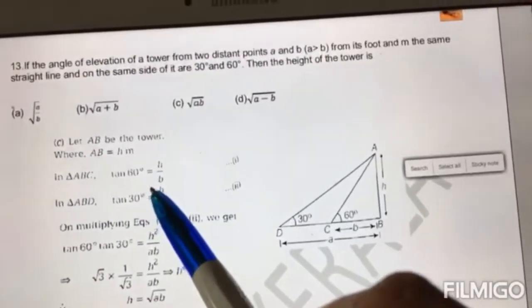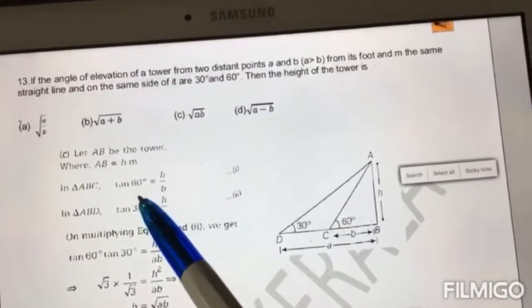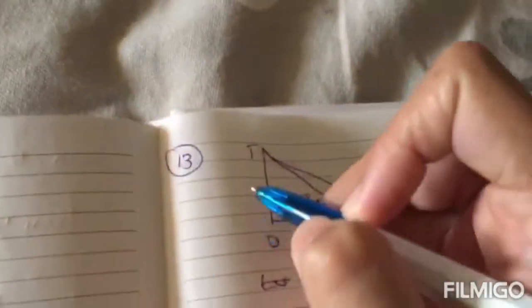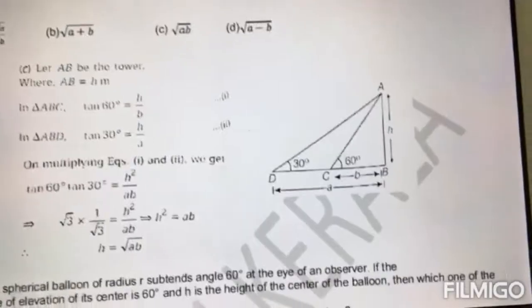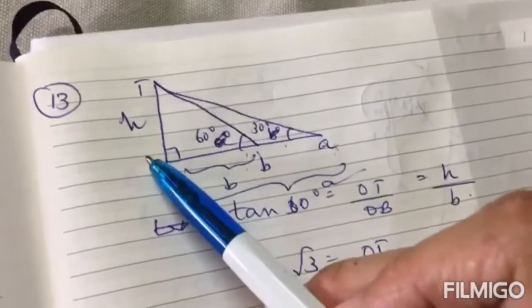So using the tan theta formula, let h be equal to the height. Let us take our diagram because theirs is sometimes not clear. So let h be equal to OT, which is the height of the tower.